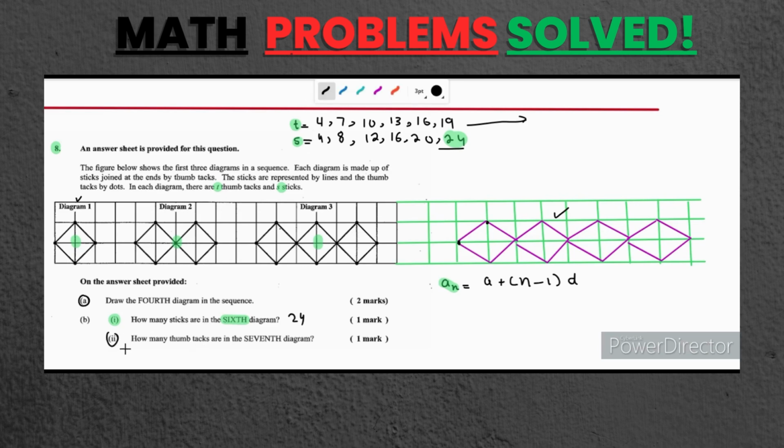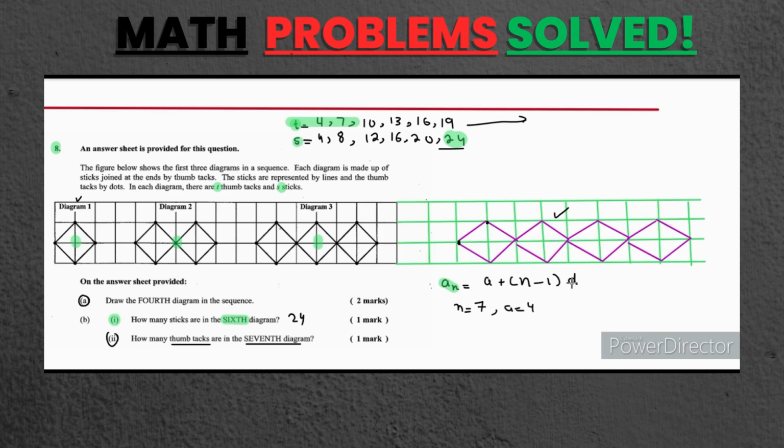Here we had to find the 7th diagram, so n equals 7. Because we are calculating the thumbtacks, we have to use this sequence.